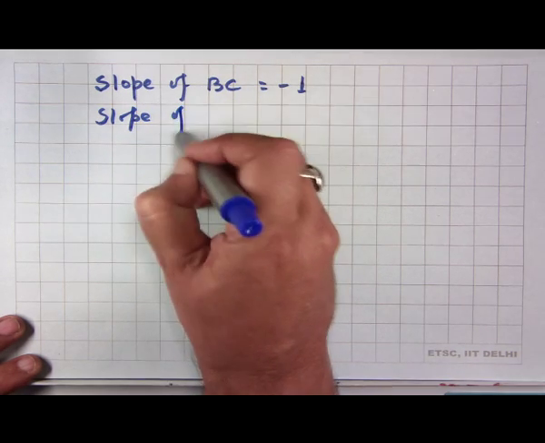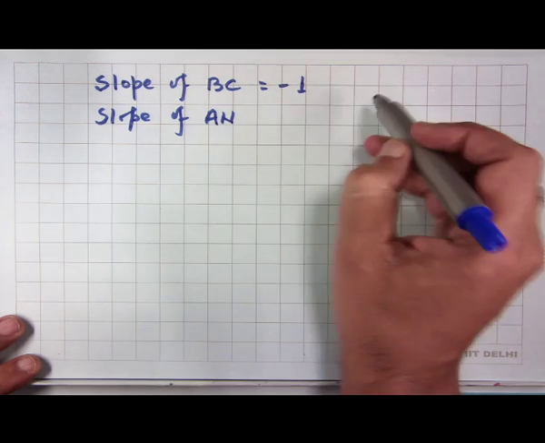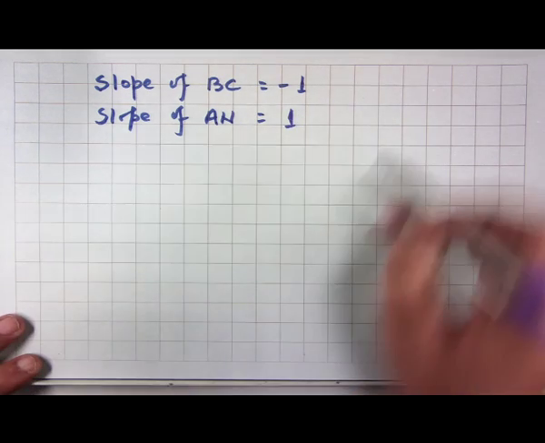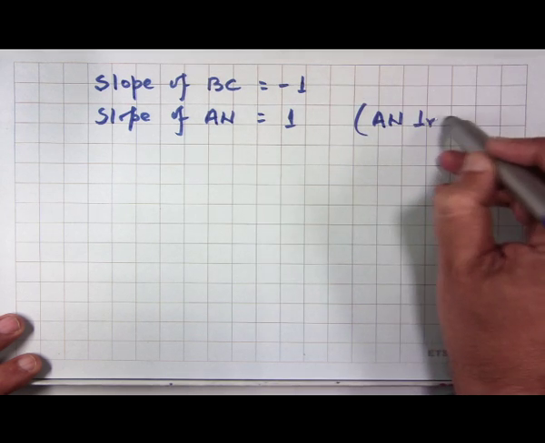Slope of AN is equal to 1 because AN is perpendicular to BC.